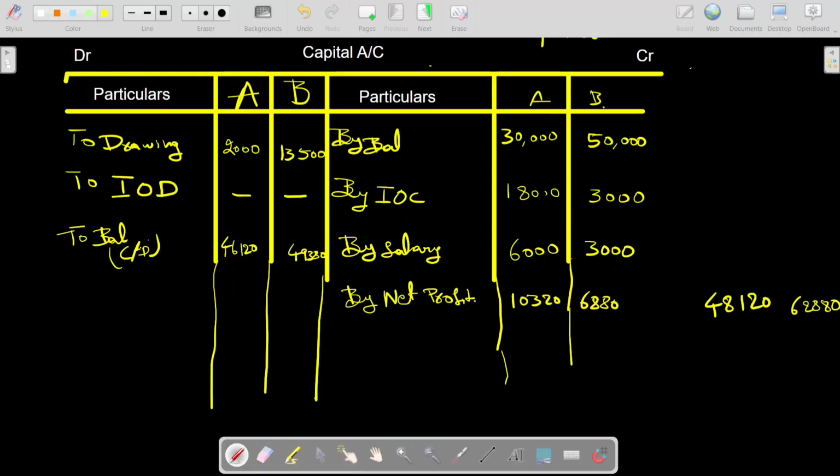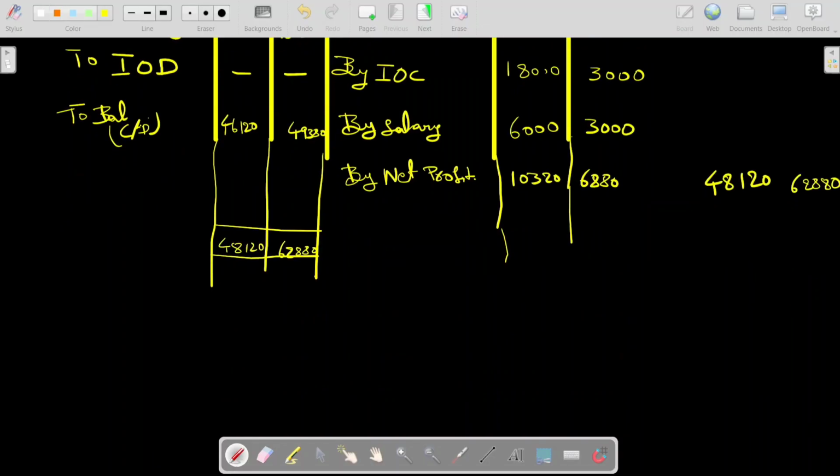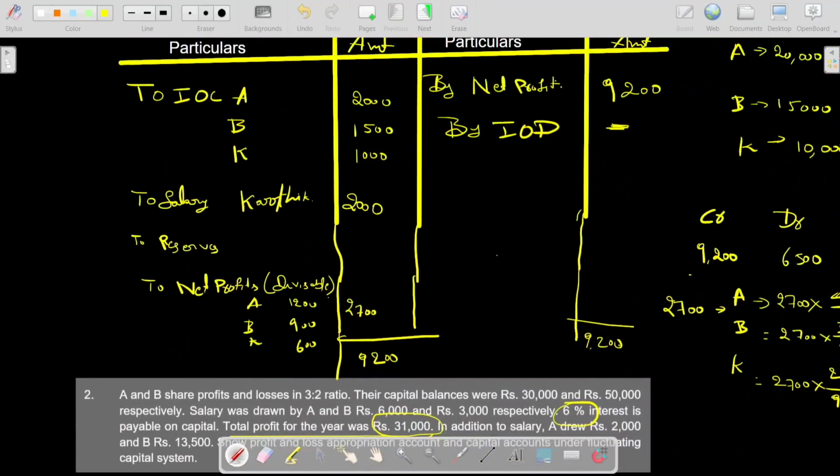This is the final balance we will get, and these are the final capitals they have. Right, these are the capital accounts, and we will go to the third problem now.